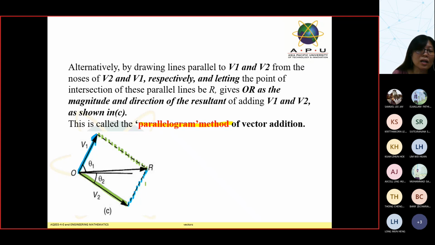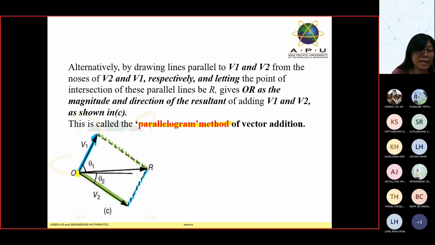So where is the resultant vector? Can you see both of the vectors have their tails here? When we use the parallelogram method, the tails of the two vectors must touch together, like what you can see here with V1 and V2.